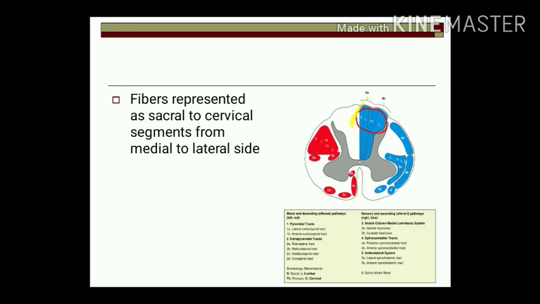Here you can see in the dorsal column, medially there are fibers from sacral and lumbar segments, and laterally fibers from thoracic and cervical segments. Fibers from sacral and lumbar segments form fasciculus gracilis, and fibers from thoracic and cervical segments form fasciculus cuneatus.